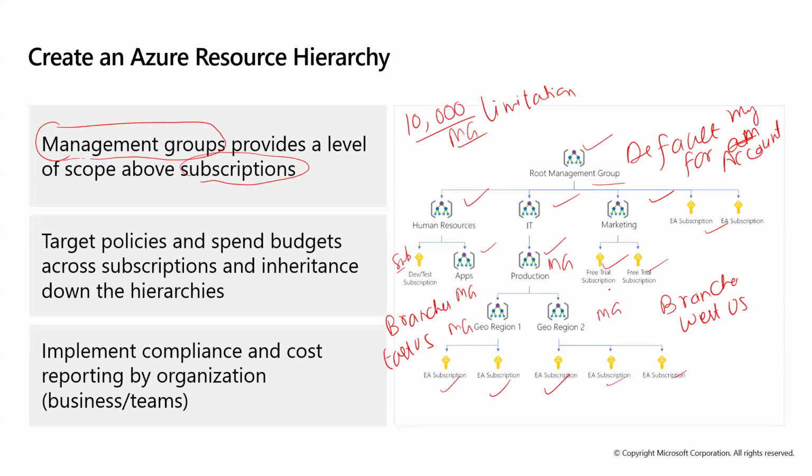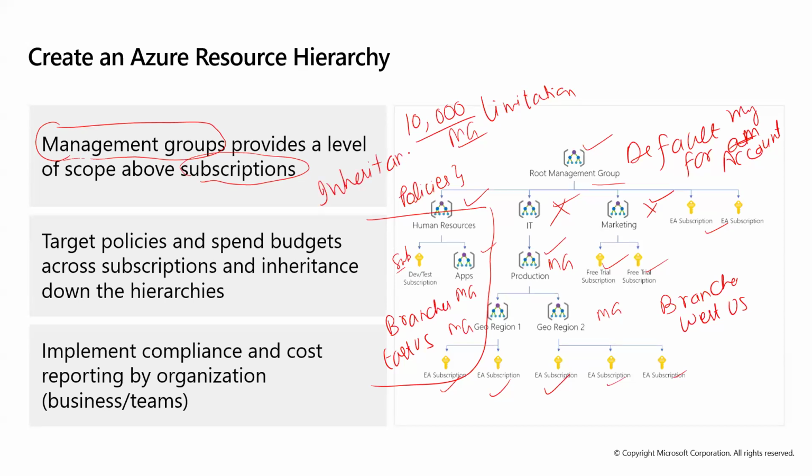Now, with the help of management groups, you are creating the hierarchy of groups and subscriptions. Now, you could apply the policies. For example, I want to apply some specific policies to human resources only. I don't want to apply some policies to IT or marketing. So you could apply them at this human resources level, and there is inheritance.